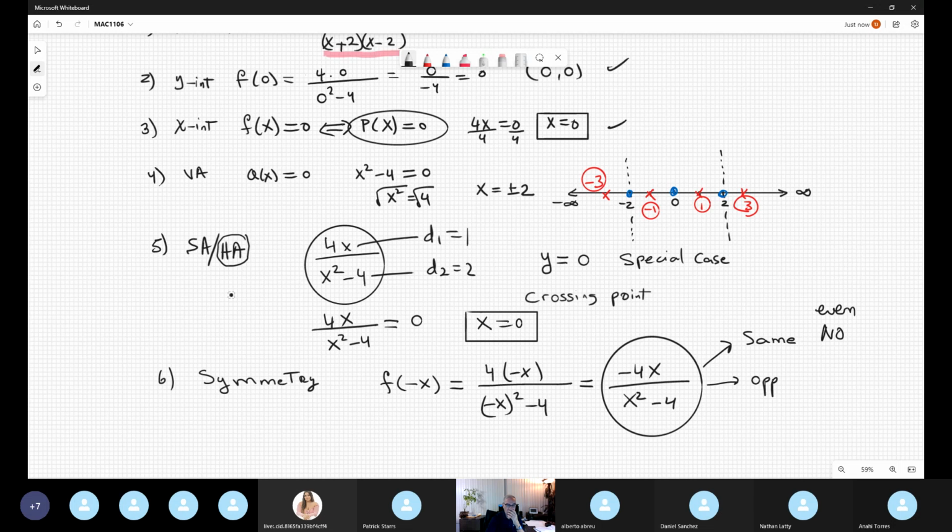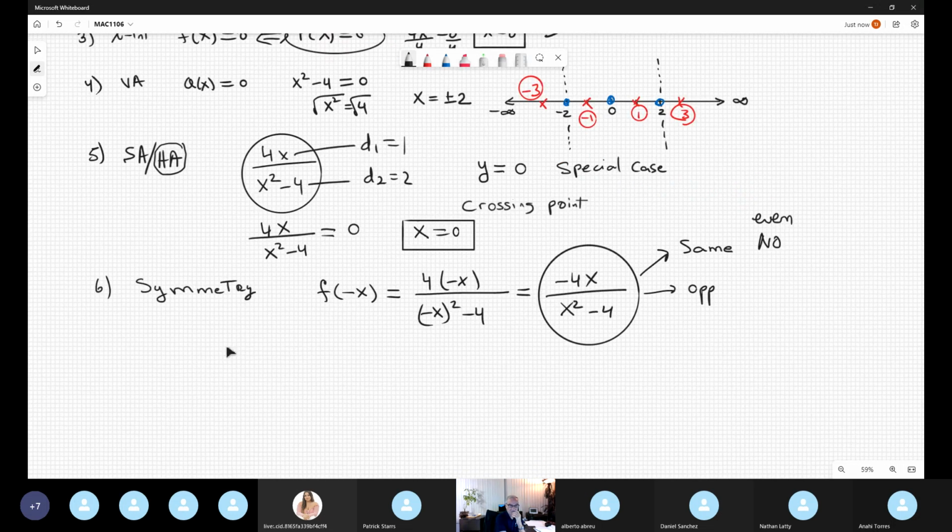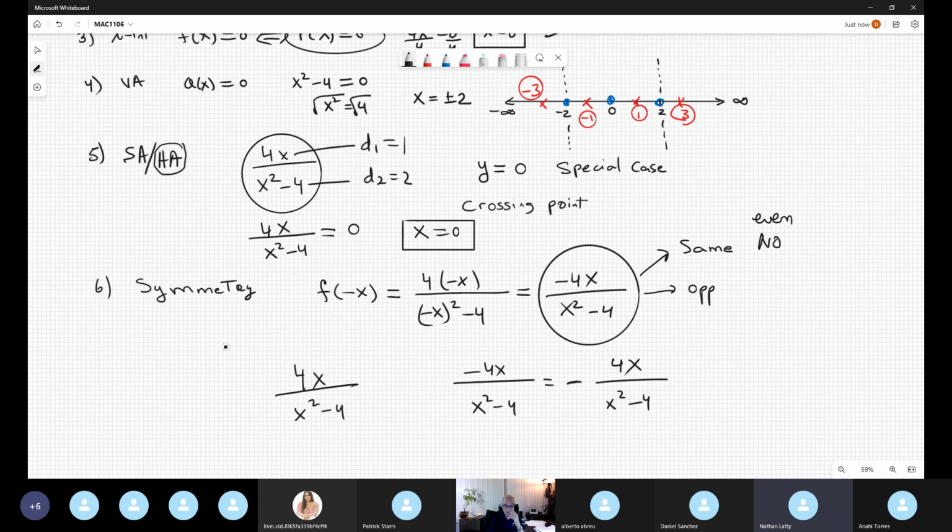Why? This is confusing, I understand. Remember, it's a fraction. One fraction is 4x divided by x squared minus 4. Another fraction is minus 4x divided by x squared minus 4. This is equivalent to putting this minus in the front. Yes or no? When you have a fraction, you can put a negative in the numerator, in the denominator, or in the middle, and it's equivalent.